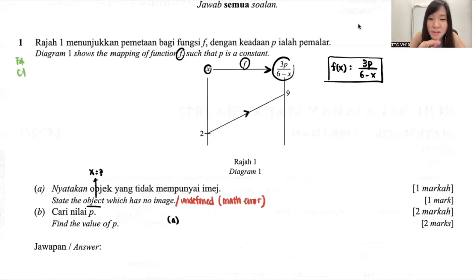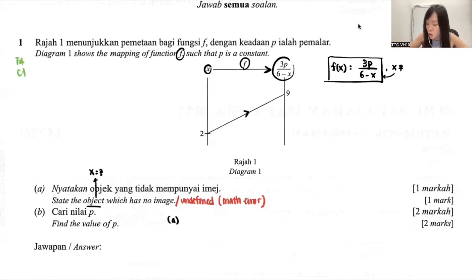Do you remember, whenever there is a math error, under functions you always write something like comma, x not equals to some number. The reason x cannot be that number is because when x becomes that number, you will get a math error. So the back part is always referring to the math error, and you always refer to the bottom.